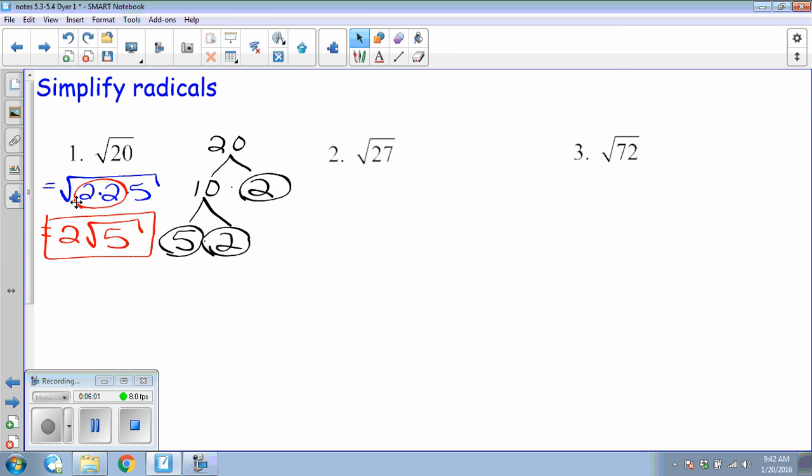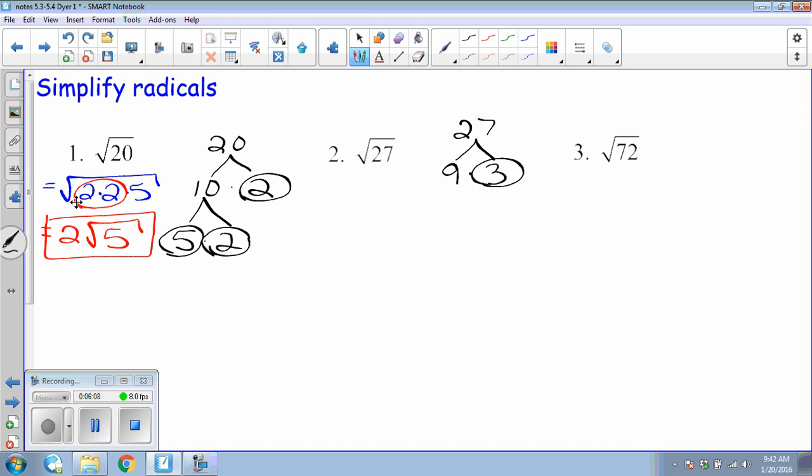So 27, if I break that down, 9 times 3, 3 is prime. So it's the end of that piece. And then I can break 9 down into 3 times 3. Okay? So the square root of 27 can be written as the square root of 3 times 3 times 3.